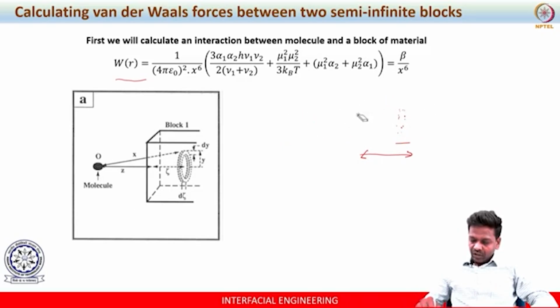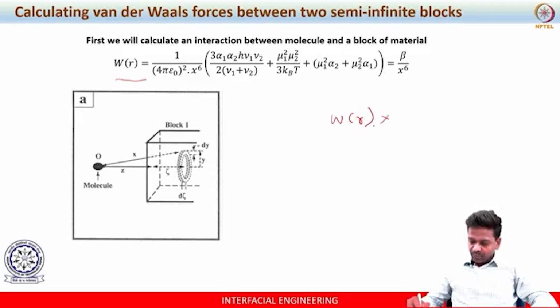So first of all, when we want to do the sum total of all the molecular interactions, we know this is the function, the energy per molecule.